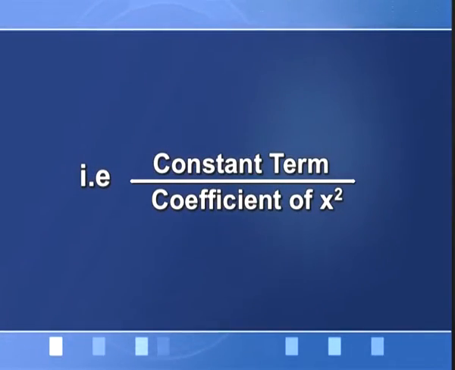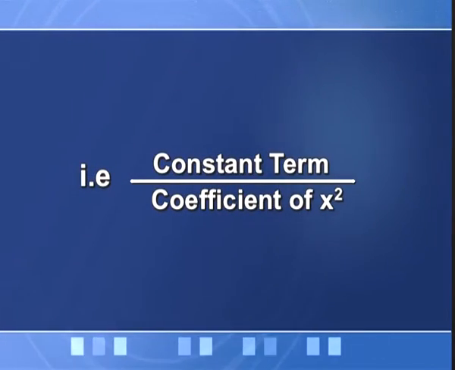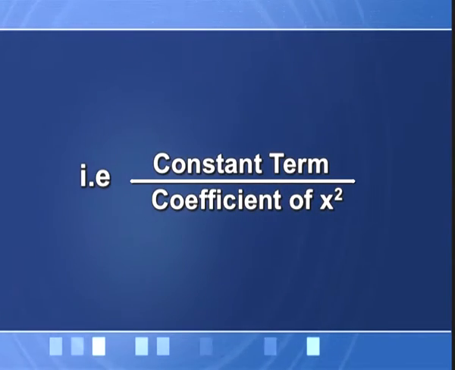So, the product of the roots is the constant term divided by the coefficient of x square, a very important result. The sum of the roots is negative the coefficient of x divided by the coefficient of x square, and the product of the roots is the constant term divided by the coefficient of x square.